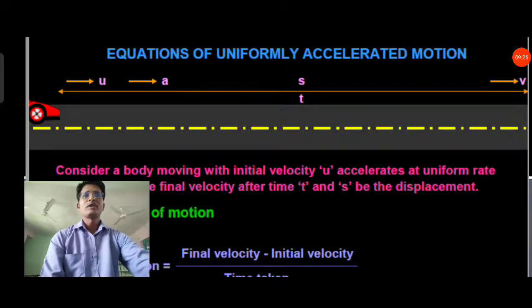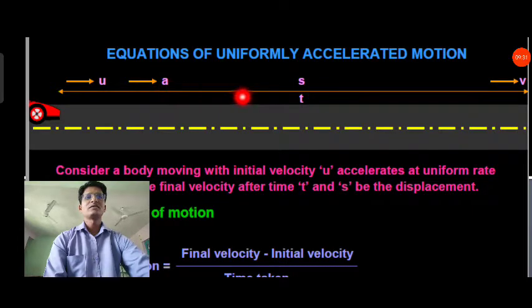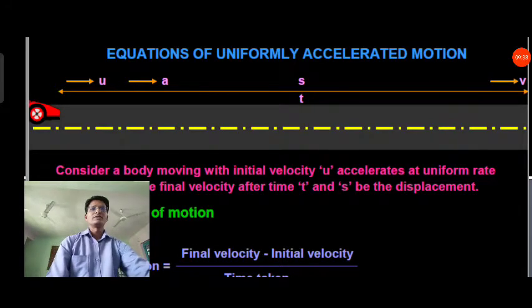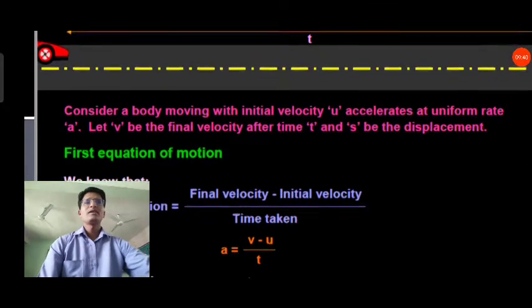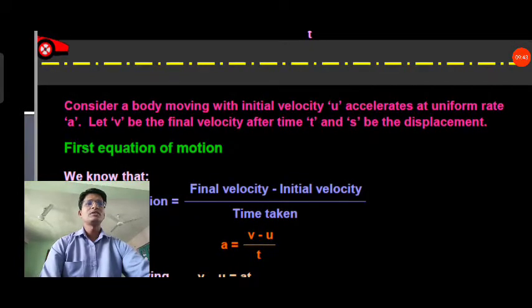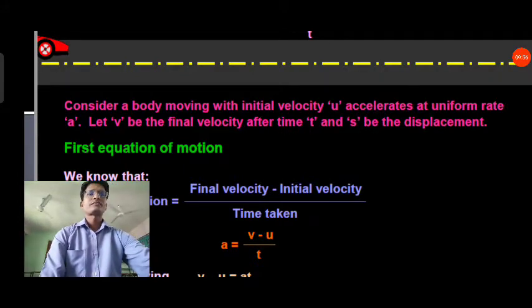Here u is the initial velocity, a is acceleration, s is the distance or displacement, and v is the final velocity. So considering a body moving with initial velocity u accelerates at uniform rate a, let v be the final velocity after time t and s be the displacement.